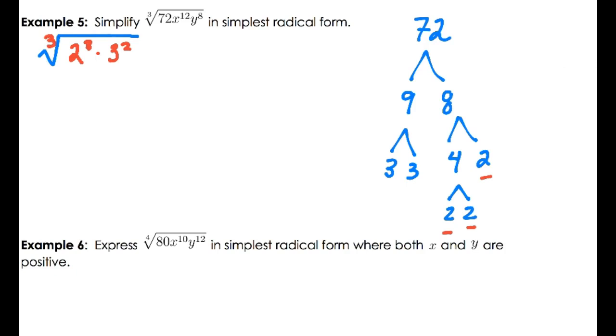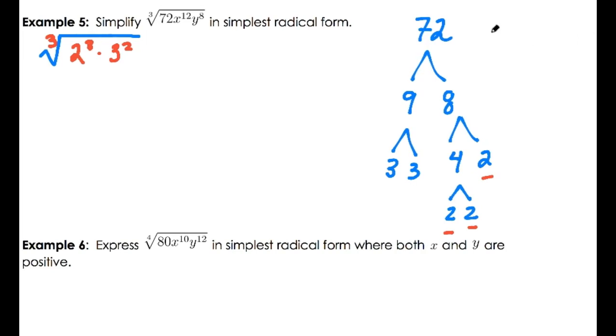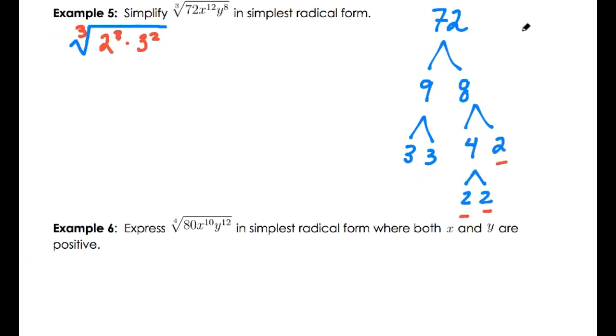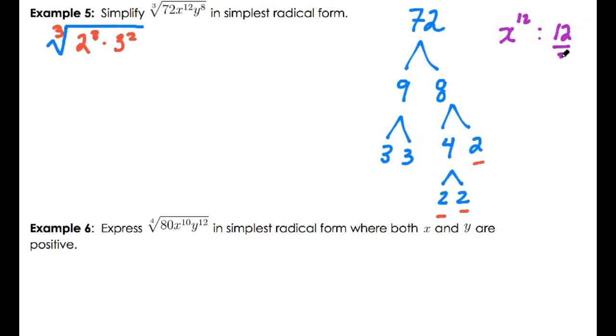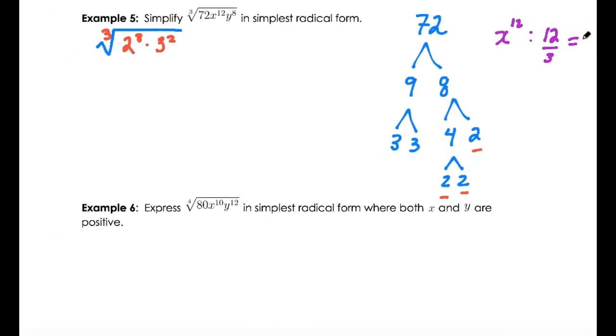Now, let's break down the variables. If we take x to the 12th, this time instead of dividing by 2 like the last example, we take 12 divided by 3, and that gives us 4. So that's what's coming out.